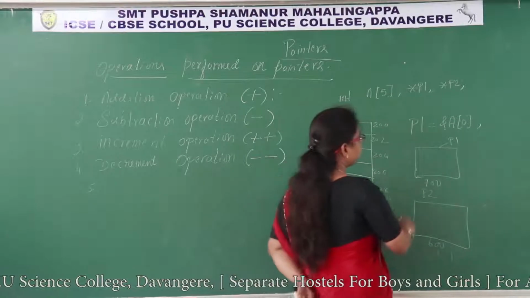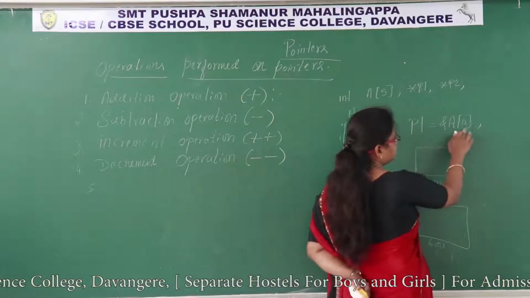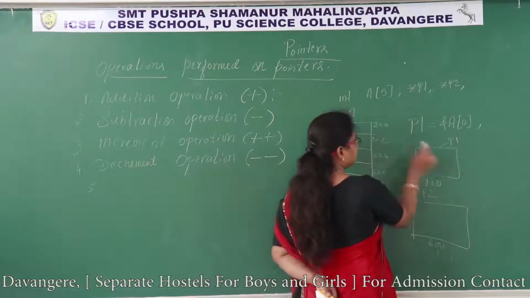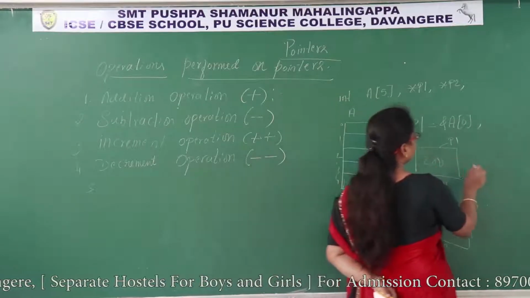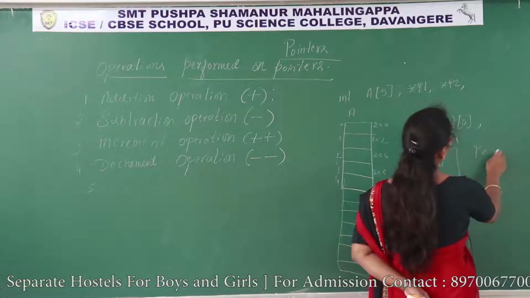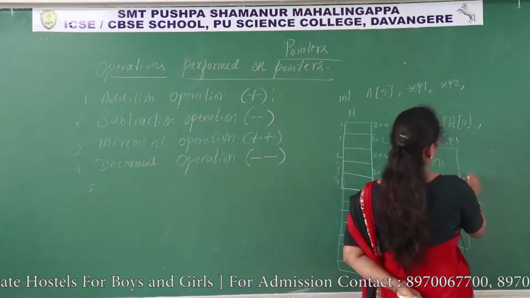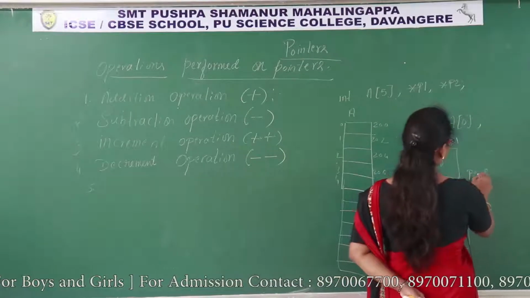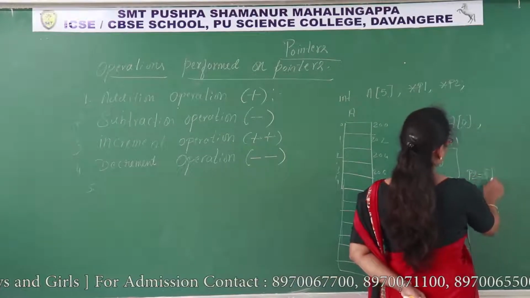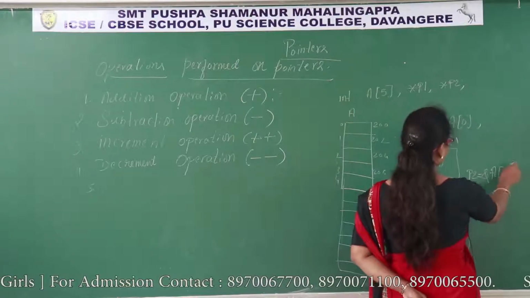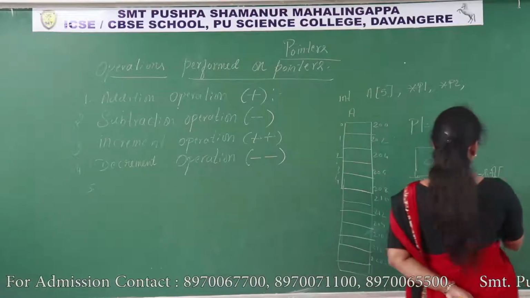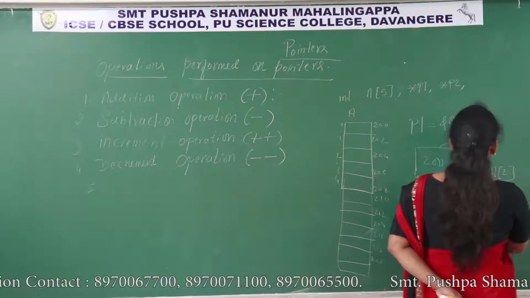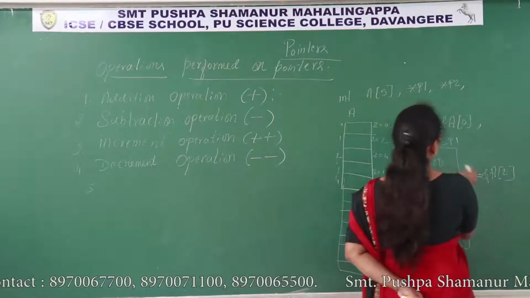Right now I initialized P1 is equal to ampersand A of 0, that is the first memory address. What is there in the P1? 200. And I initialize P2 is equal to ampersand A of 2. What is there in the A of 2? 204.